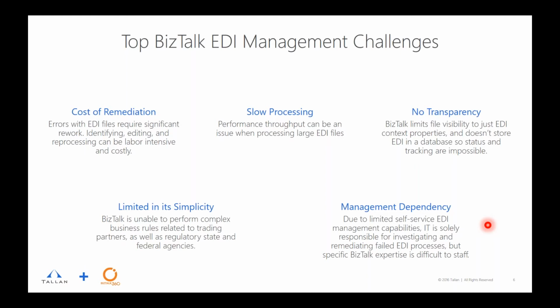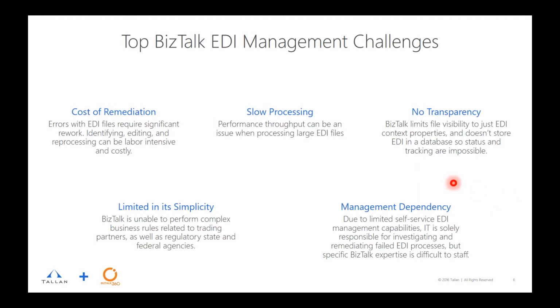Now, there's all kinds of different patterns where you can split it, work around it, reduce the number of persistence points throughout the process. We've all done that, and we have some pretty interesting patterns to get around that. But what you end up really doing is fighting against the product because it's really not set up to handle that type of processing.